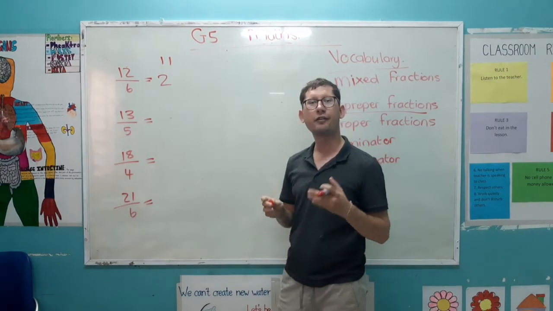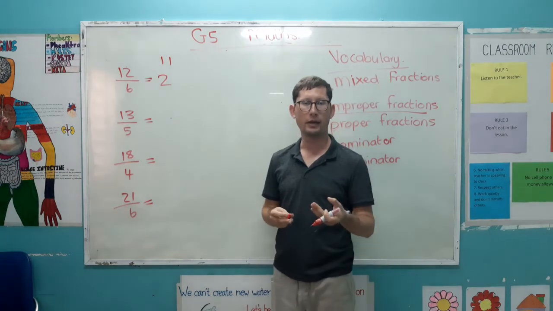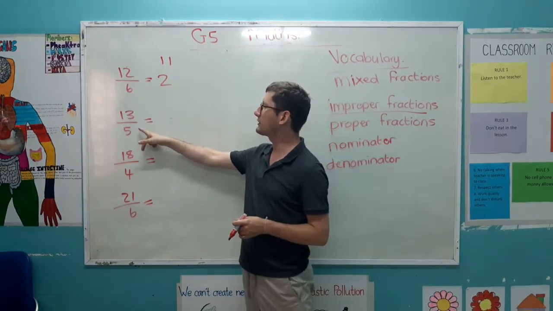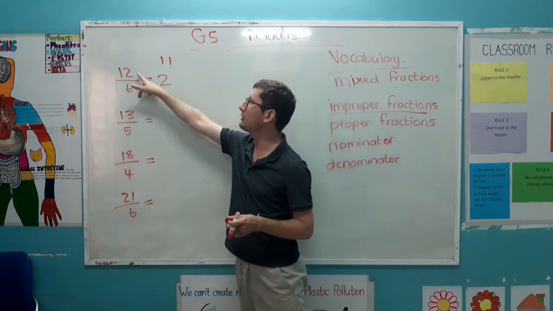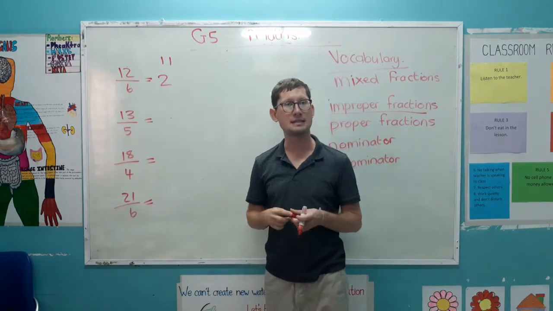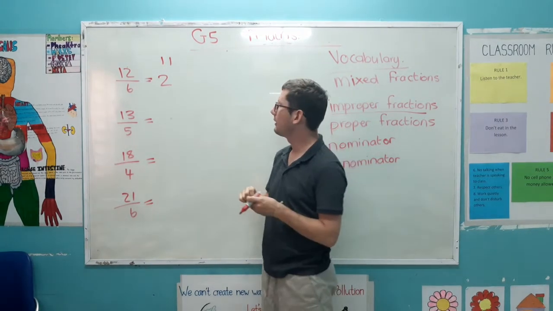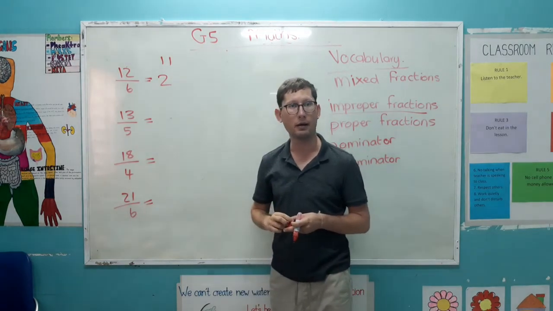If we count in 5, 5, 10, 15, 20, 25. But does 5 go directly into 13 like 6 going directly into 12? Because when we count in 6, it is 6, 12, 18, 24. So 6 goes into 12 2 times and there is no remainder.